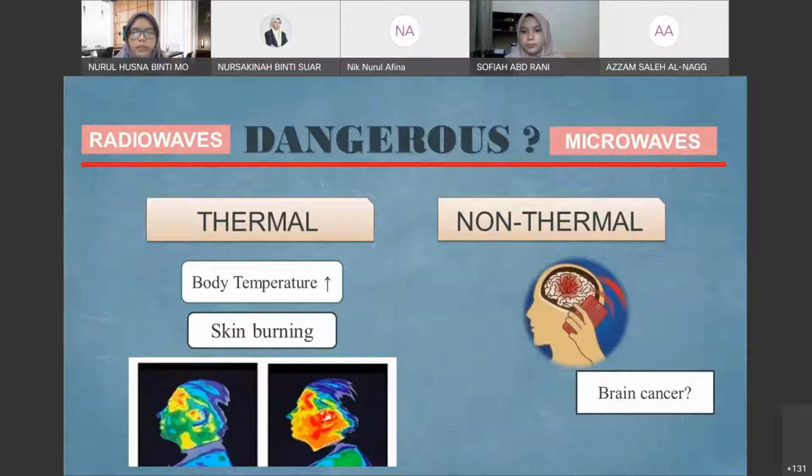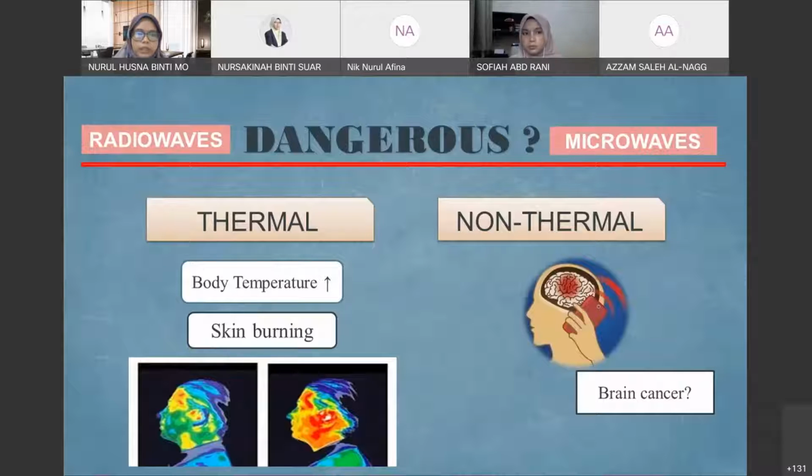In terms of thermal effects, both radio waves and microwaves increase body temperature and can lead to body tissue damage. Longer direct exposure could also cause skin burning and cataracts. There is a higher risk of heat damage to organs with poor temperature control, such as the lens of the eyes and the testes.